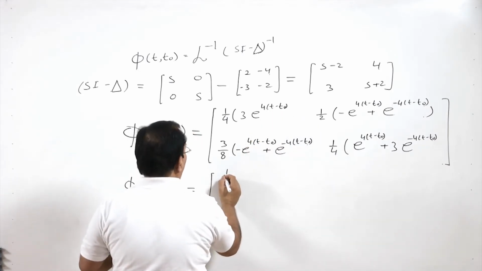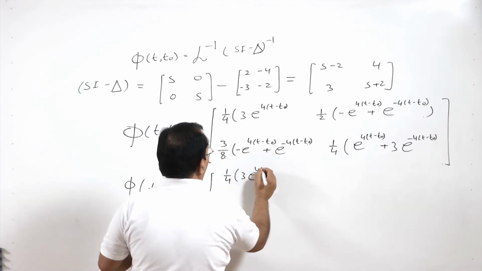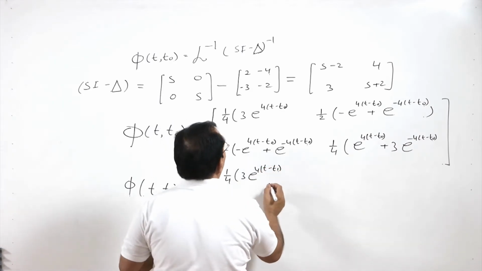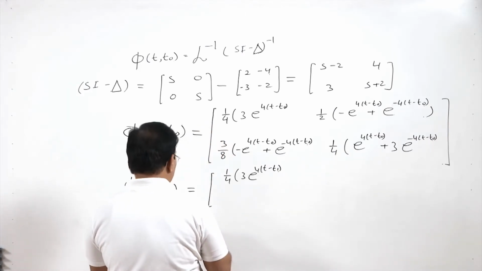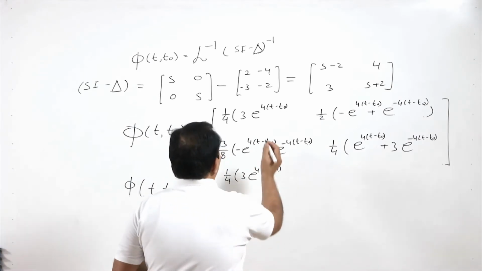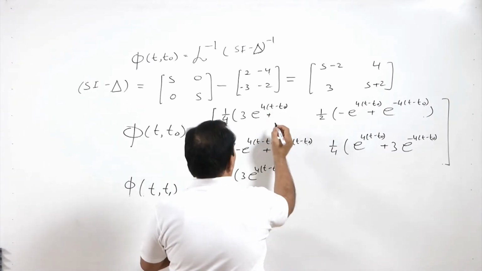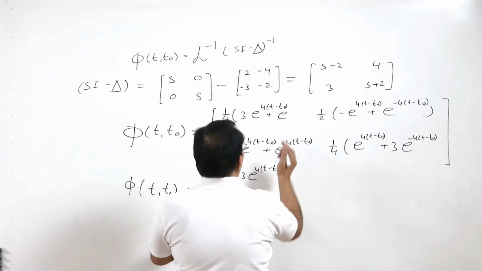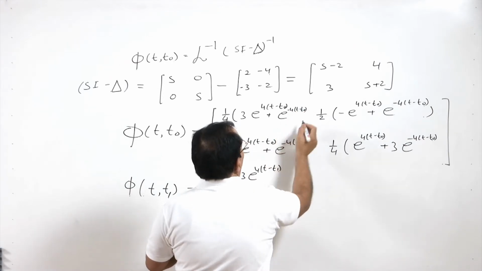So, it is the same matrix like 1 by 4, 3 e to the power 4 t minus T1. I have missed one thing. This is plus e to the power minus 4 t minus t naught. So, this I have missed.